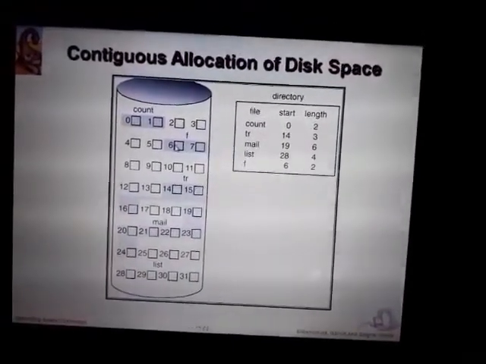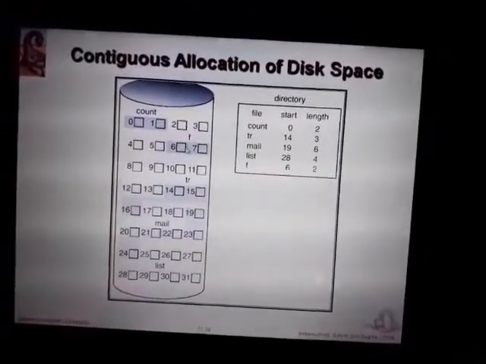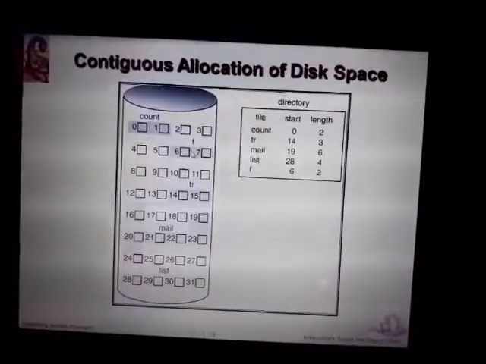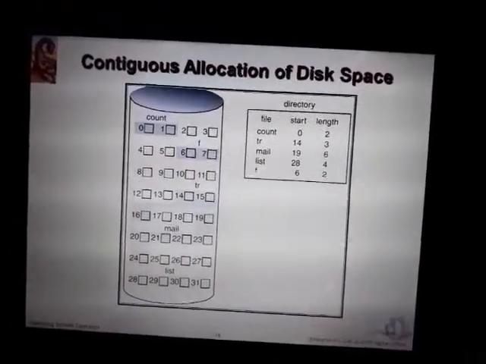File F, the start location is 6 and a total of 2 blocks are allocated to this particular file in the directory disk space.